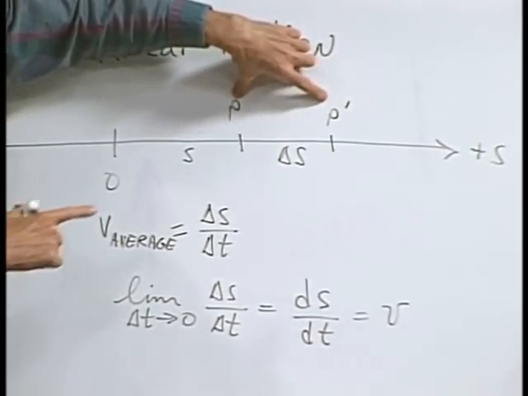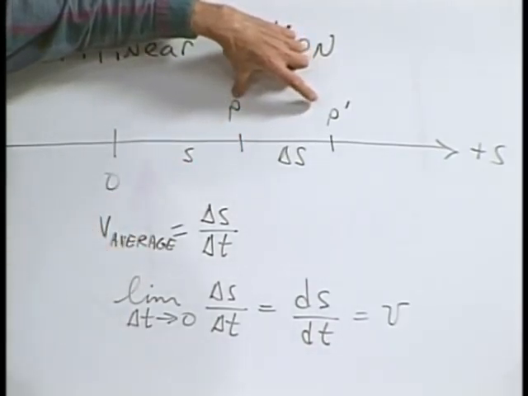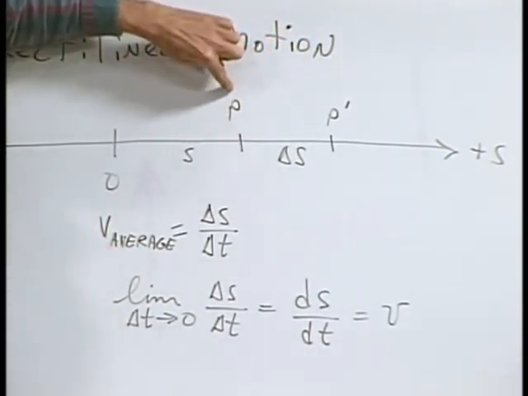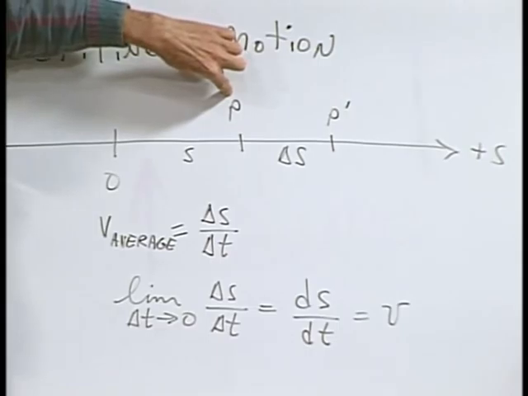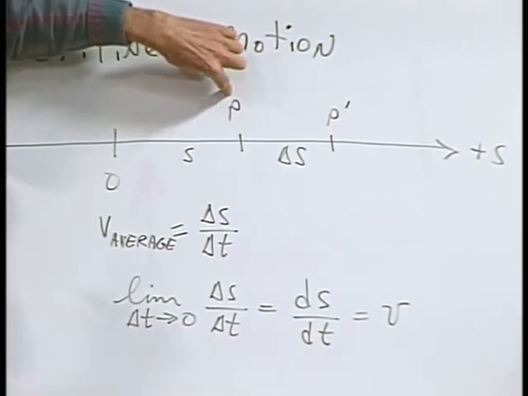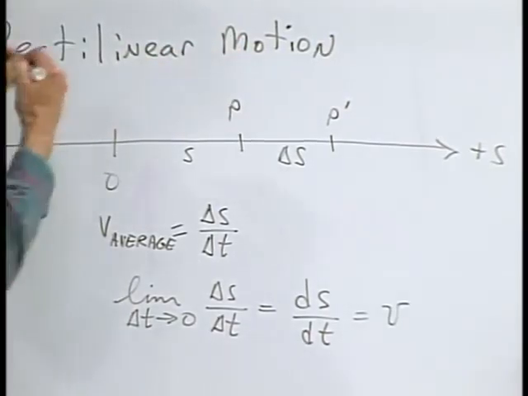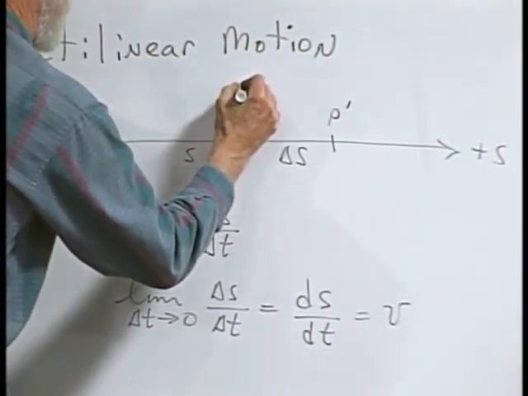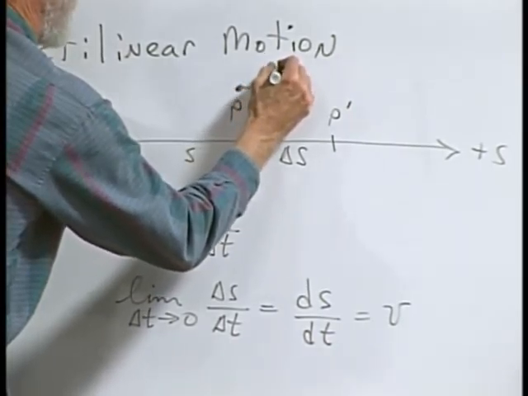Then as we let this change in time shrink to 0, we're really talking about the speed the object has right at this location, isn't it? It's the instantaneous speed it has right here. So right here is where this velocity value is.